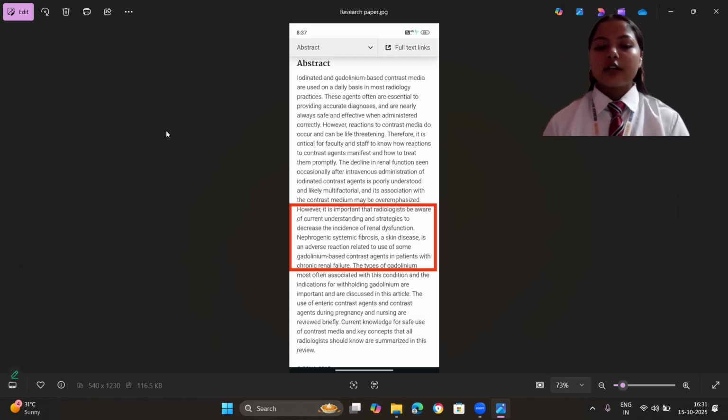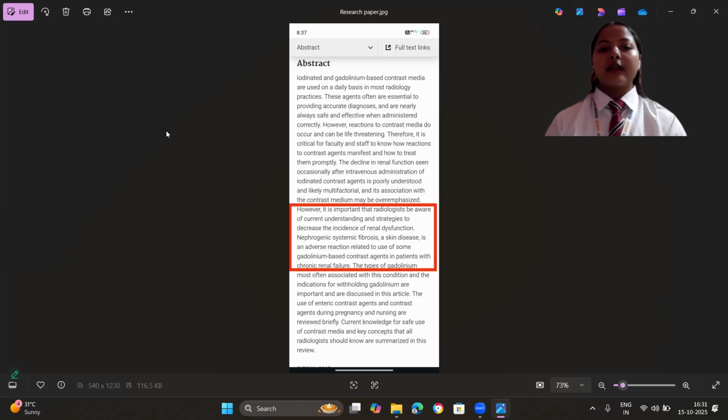Now, focusing on the important part highlighted there, the paper emphasizes that radiologists must be aware of the latest understanding and strategies to reduce the risk of renal dysfunction caused by contrast media. It mentions that one of the significant adverse reactions is nephrogenic systemic fibrosis (NSF).